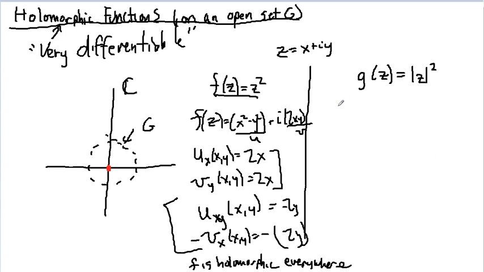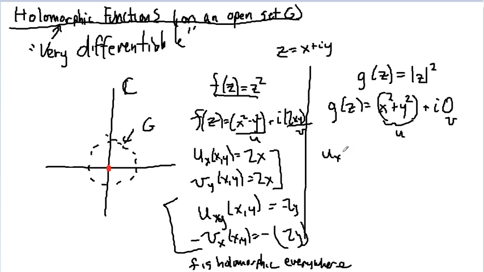And this function, we can write as g of z. Let's just write it as what we call the u component plus the v component. Now all of a sudden we can see that ux is equal to 2x, vy is going to be equal to 0.